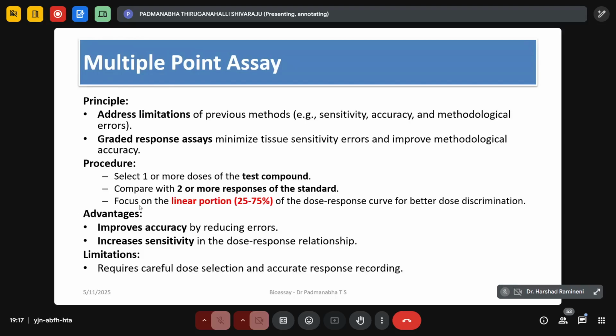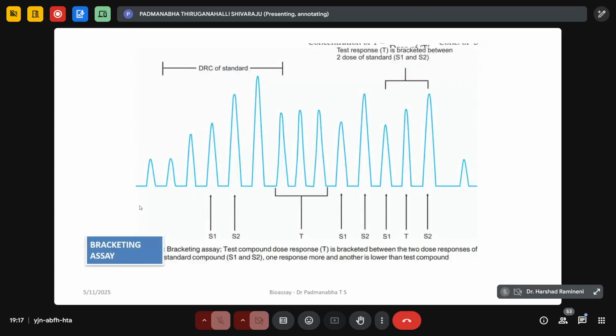The limitation is it requires careful dose selection and accurate response recording. So you need to select the dose from that particular range only, 25 to 75%. If you choose less than 25% or above 75%, the tissue may not respond and you will not get a proper recording.